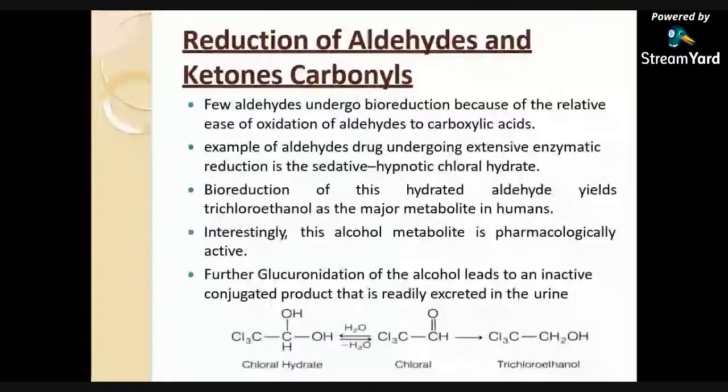Interestingly, this alcohol metabolite is a pharmacologically active compound, the active moiety. Further, glucuronidation of the alcohol leads to an inactive conjugated product that is readily excreted in the urine. You can see here the reaction: chloral hydrate in the presence of water gives chloral and trichloroethanol.